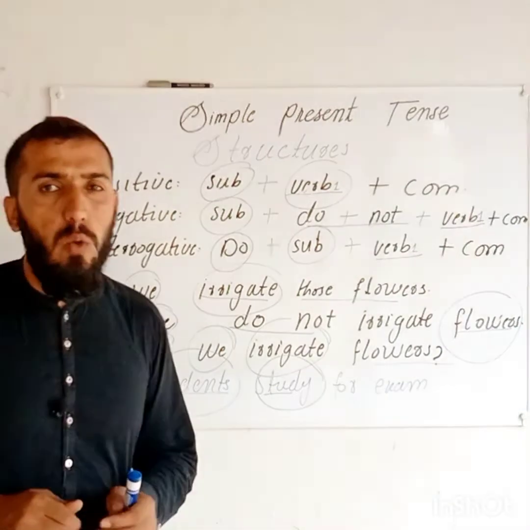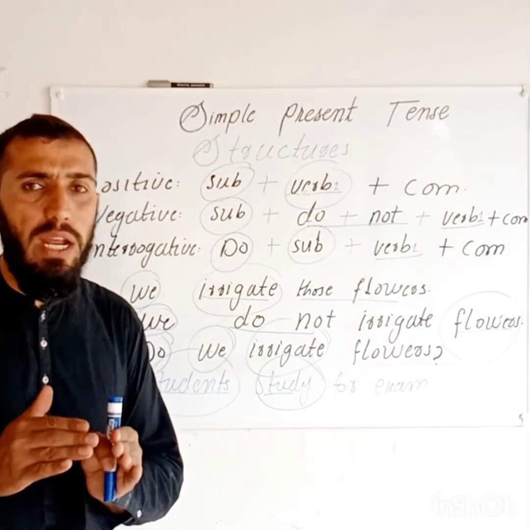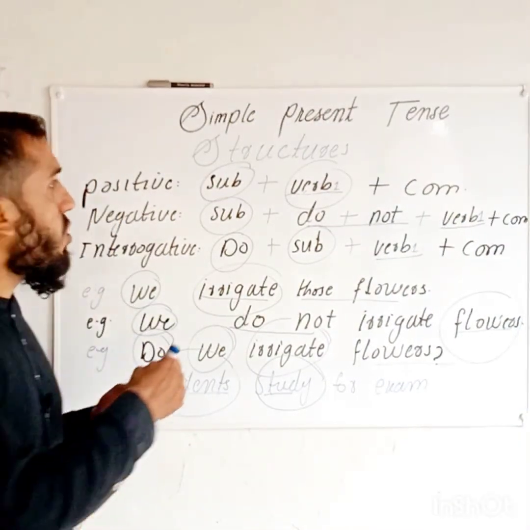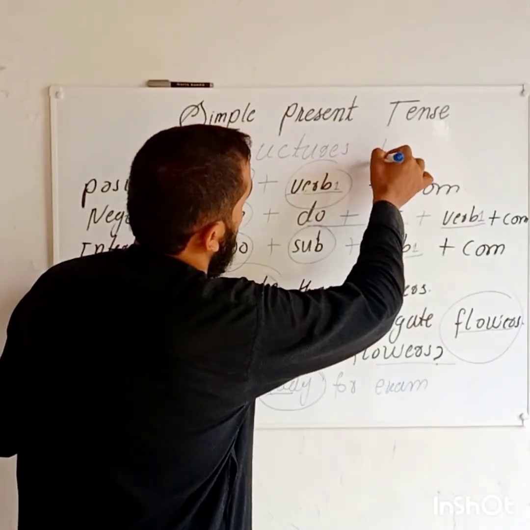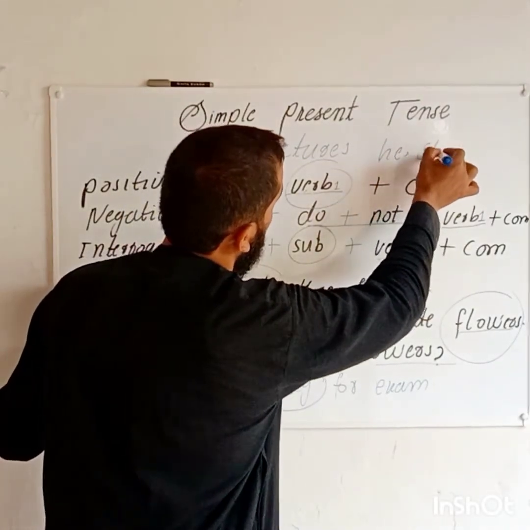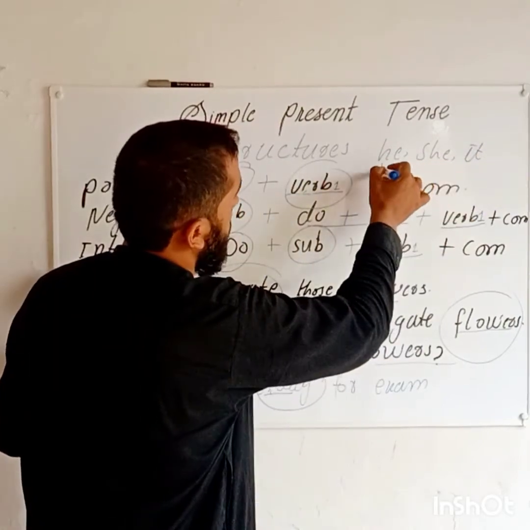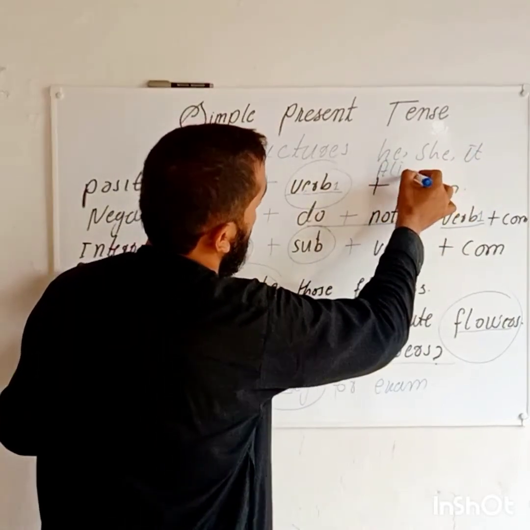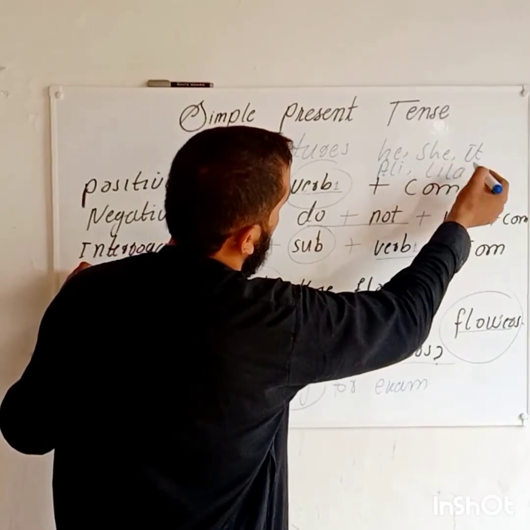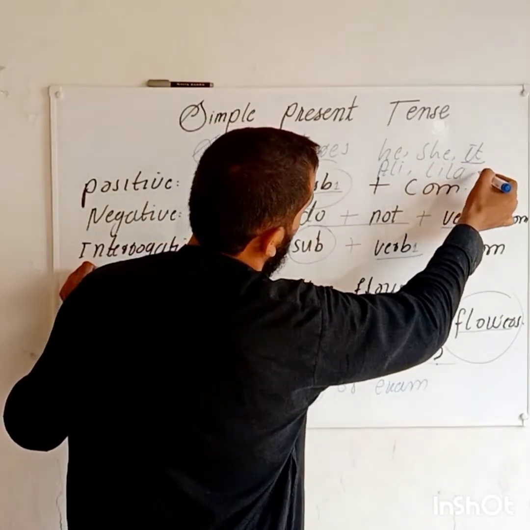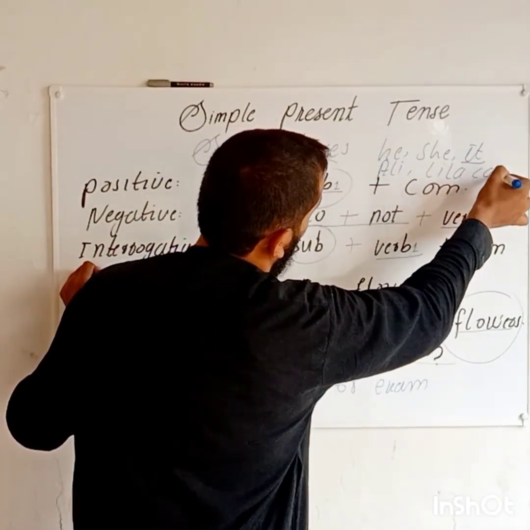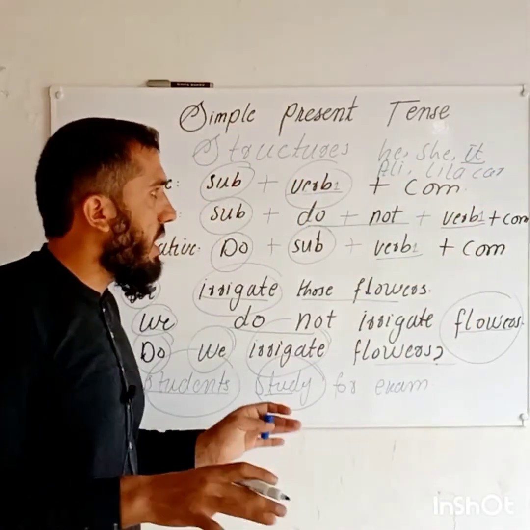Bear in mind, we only use S or ES when the subjects are he, she, it, or just nouns like Ali or Leila, or you can use car or whatever it is.